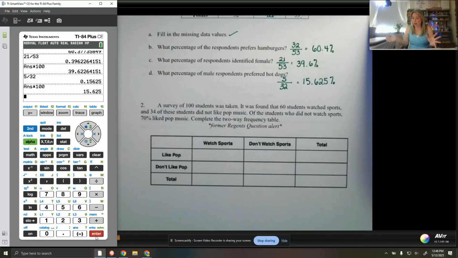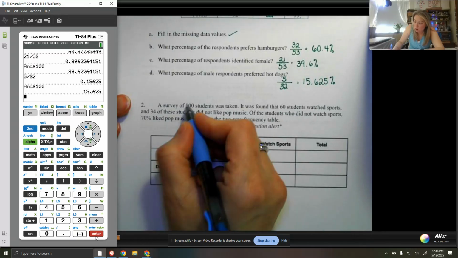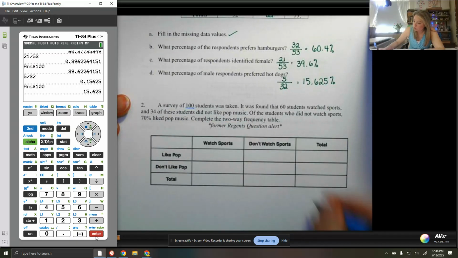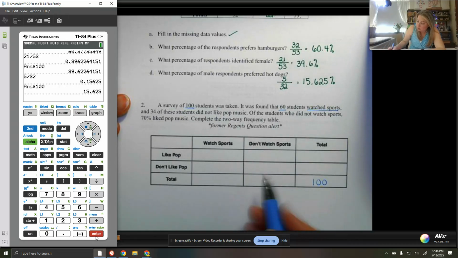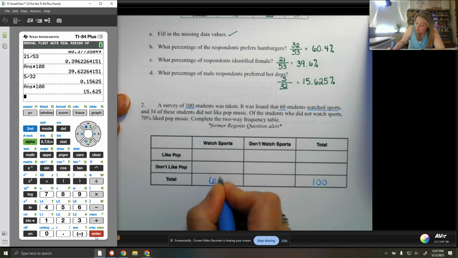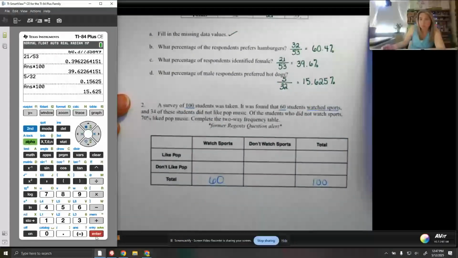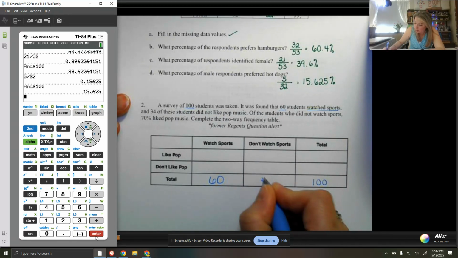So let's see, what do we got? Well, 100 students total. We found that 60 students watch sports. Well, that's going to be an easy fill-in of who doesn't watch sports: 100 minus 60 is 40 right here.